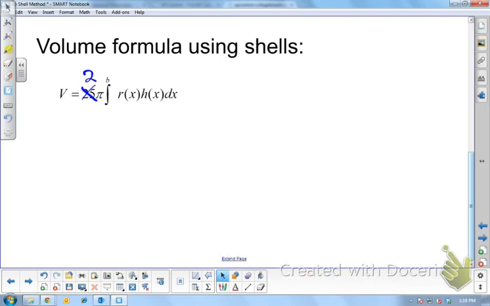If we have a cylinder and we want to find the area of this cylinder, we didn't say find the volume of the cylinder, the area. If we add up all the areas of our cylinders, then we get the volume, and we add them up through integration. So how do we find the area of a cylinder? If I take my cylinder, cut it, and flatten it out, it's a rectangle.